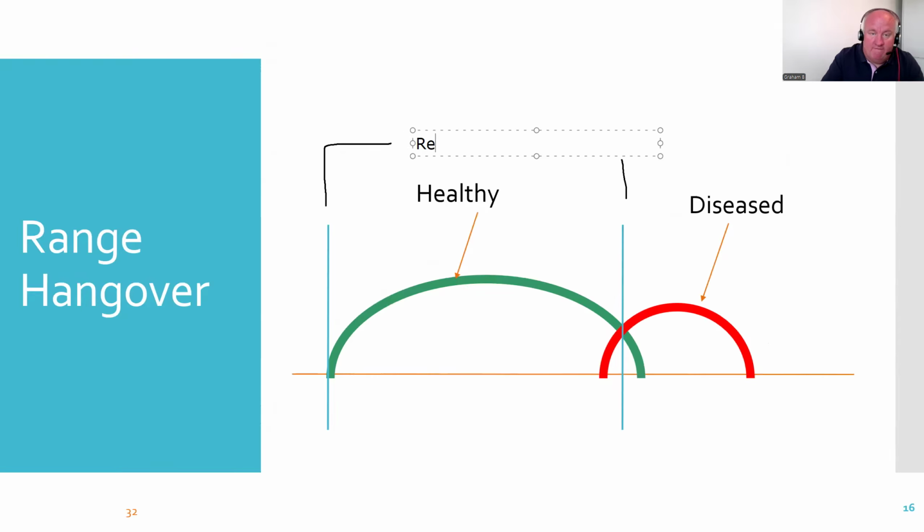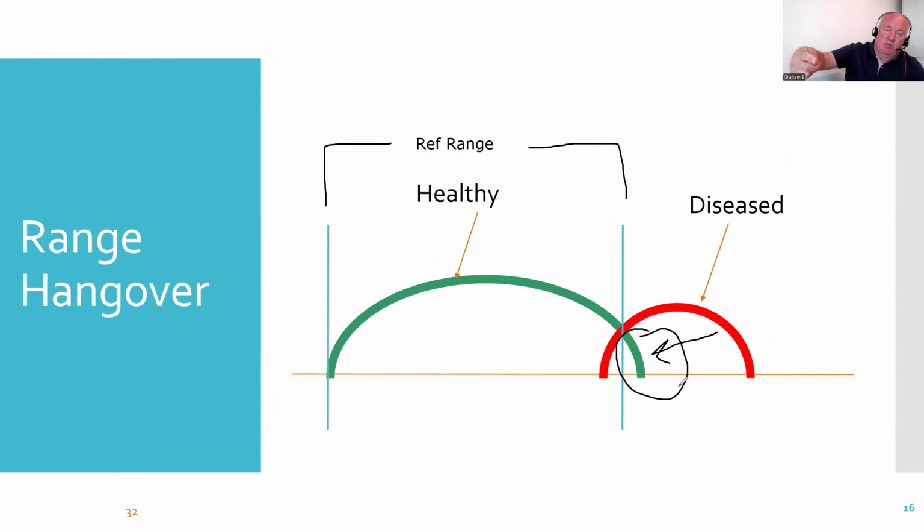Can you see the problem with that? Can you see these people here? Can you see they're out of range, but they're actually okay? They're called false positives.